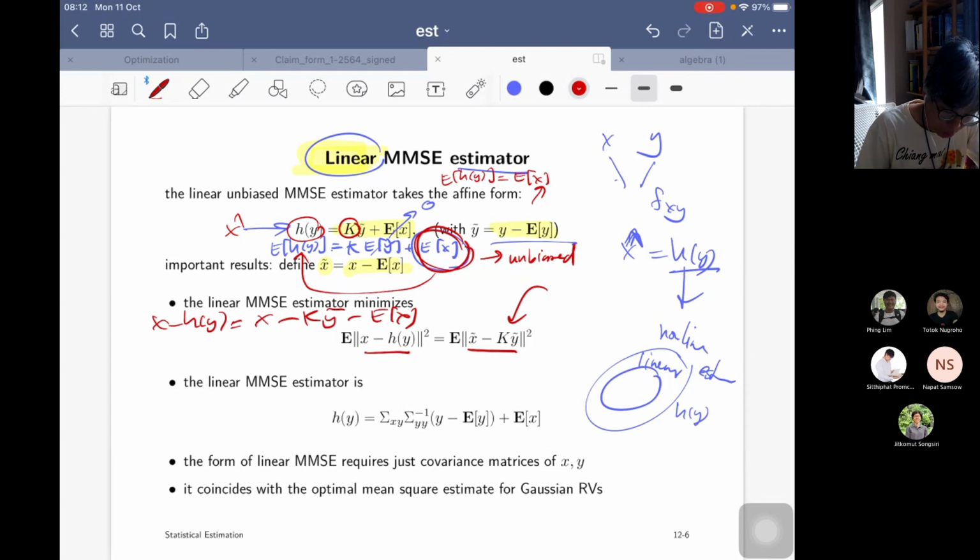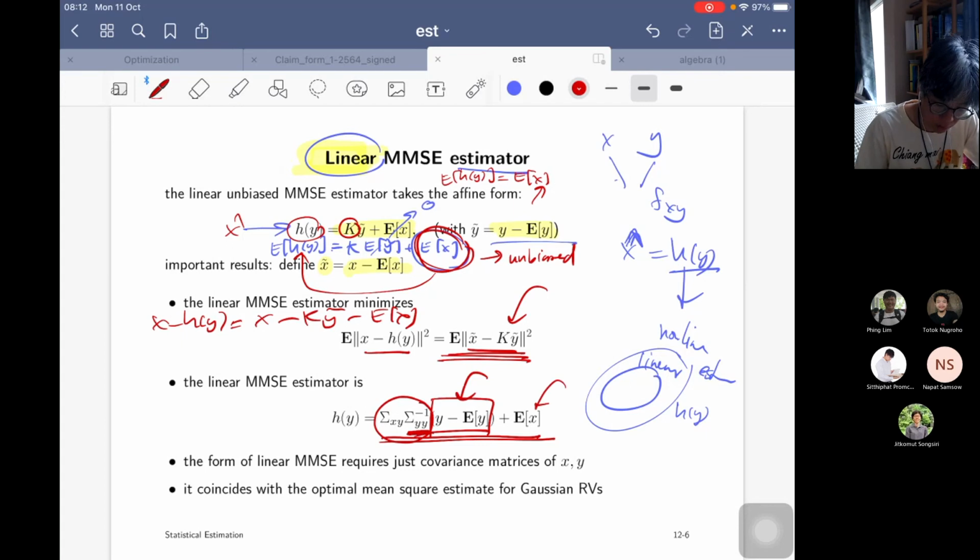We can show that the linear MMSE estimator, the choice of K that minimizes this, turns out to be the form that we have all seen before, which is h of y, where the gain K is given by the cross-correlation matrix between x and y times the correlation of y inverse, times the deviation of y from its mean, plus E of x.